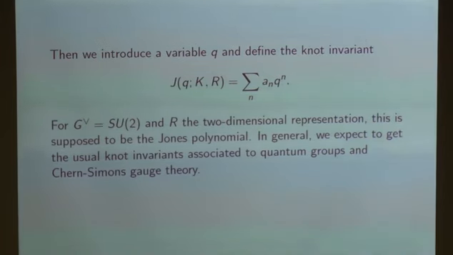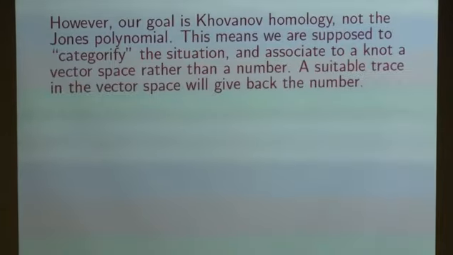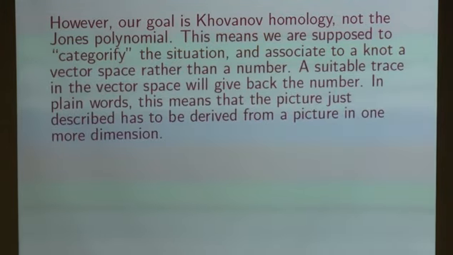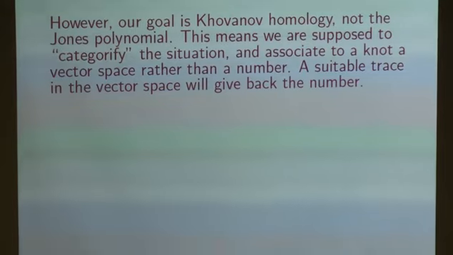So what mathematicians would say is that to a knot K, you associate a vector space, which I call H sub K, and it has a Hamiltonian, a conserved charge Q, and the idea is that a trace in this vector space should equal the function we had before.